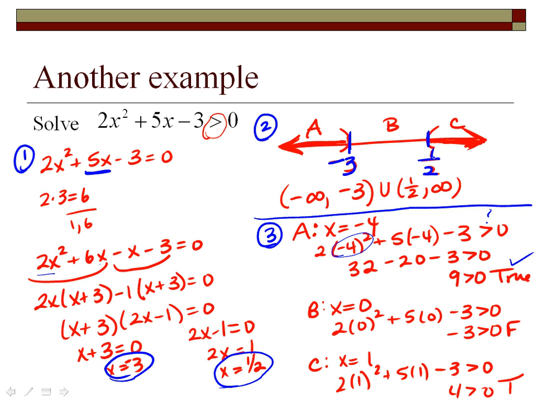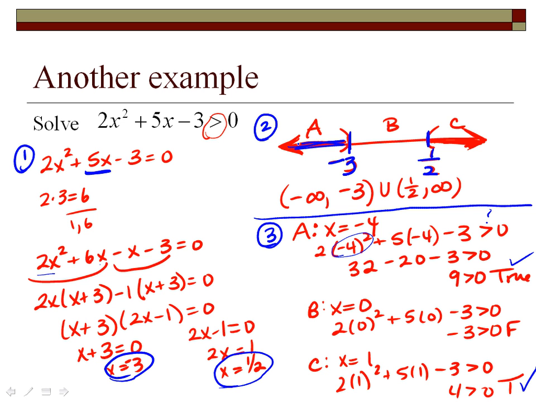Then we plug in a number larger than 1/2, which is 1. So 2 times 1 squared, let's think about that. 1 squared is 1, times 2 is 2, plus 5 times 1, which is 5, so 2 plus 5 is 7. Minus 3 gives us 4, which is greater than 0, so that is true.